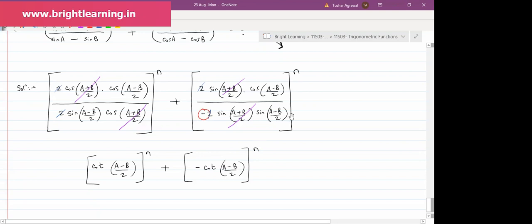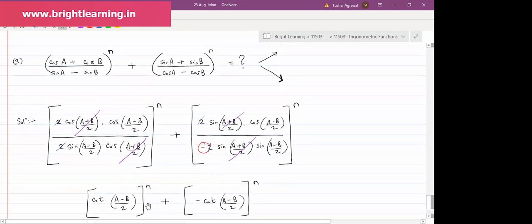If n is an even integer, the minus sign in the second bracket won't make any difference, because minus raised to an even number becomes positive only. Are you getting it?